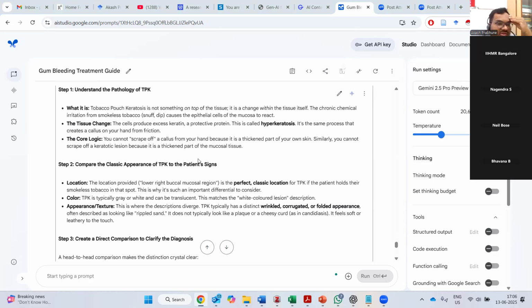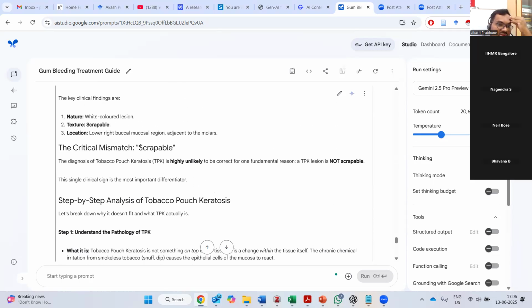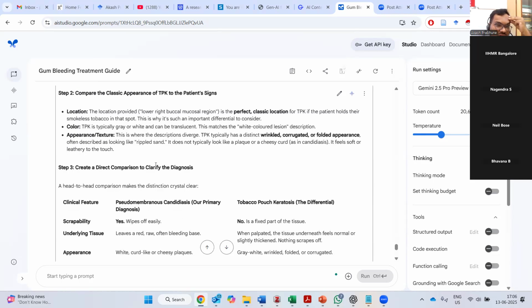Yeah, this is where it is able to give some reason why it's not. It has missed the scrapable part. Tobacco pouch is scrapable to some extent, but primarily it is a keratosis, so it works.